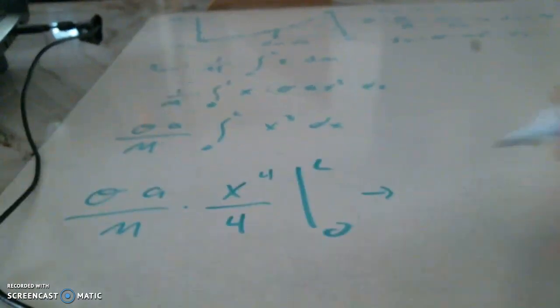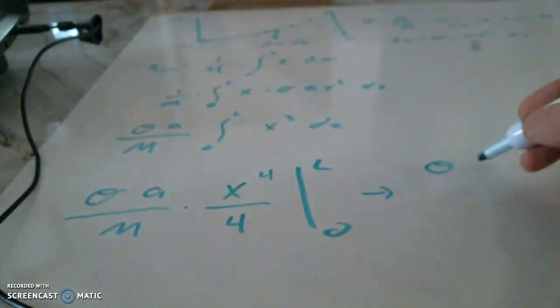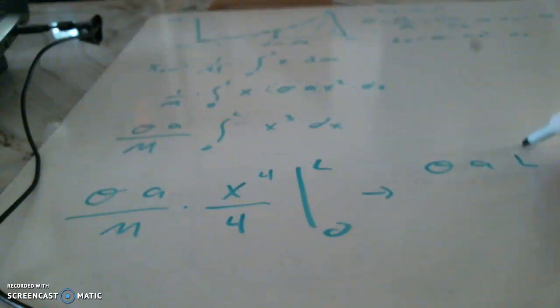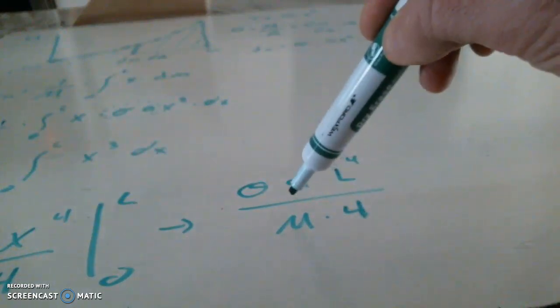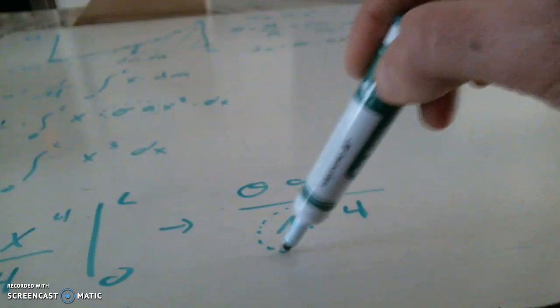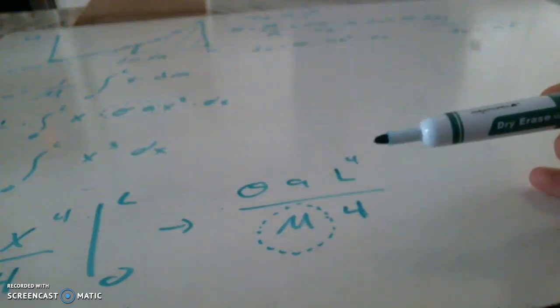However, what ends up happening, remember what we've done before. What we did before is we had this m replaced in terms of a density, so I can cancel out that sigma.